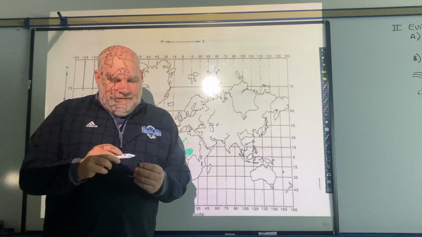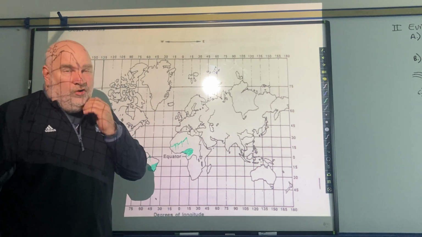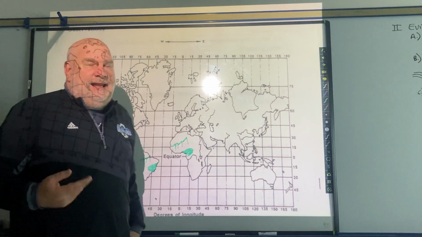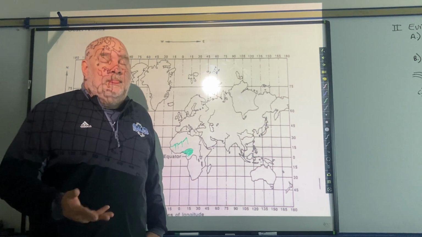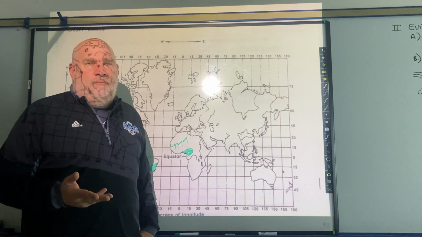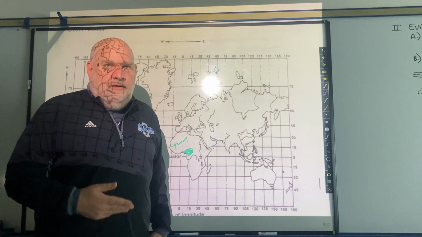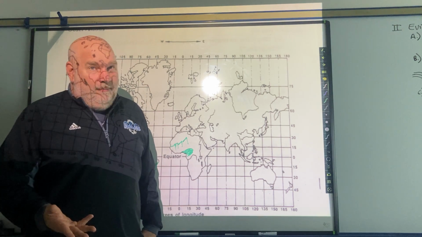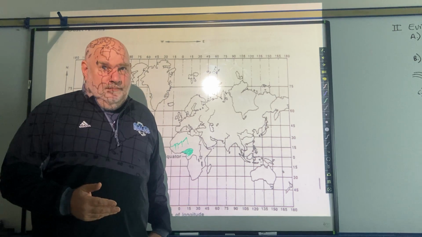Or another thing is that you find fossils that don't match too well with their current location. For example, in Antarctica, you could find coal, all right? Well, coal's a type of sedimentary rock that forms in warm, swampy areas. Antarctica is not warm and swampy. So that would suggest that Antarctica must have been closer to the equator at one point, right?